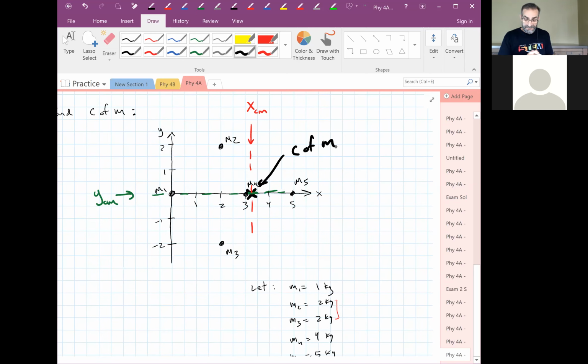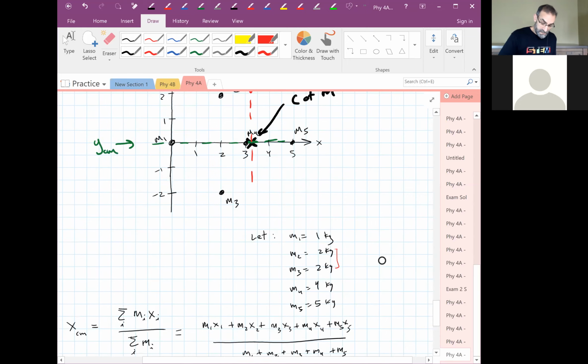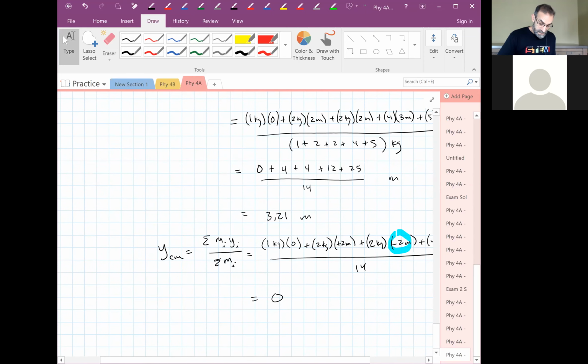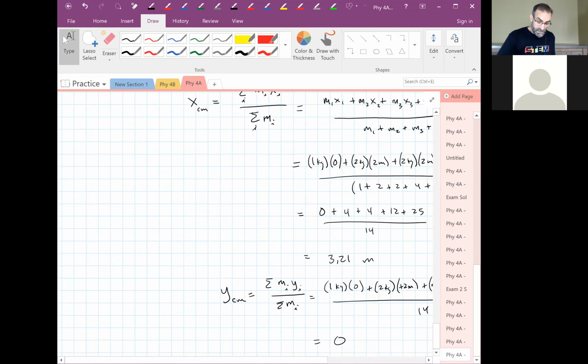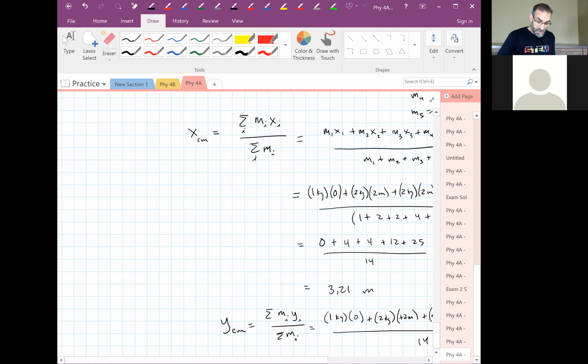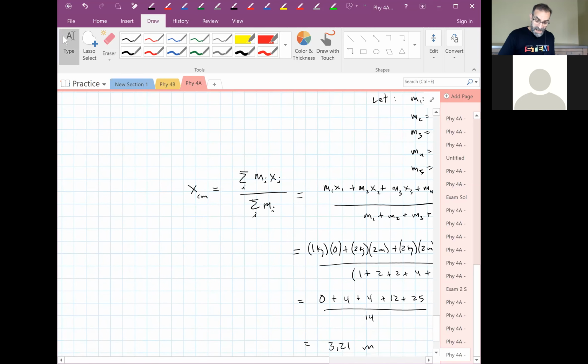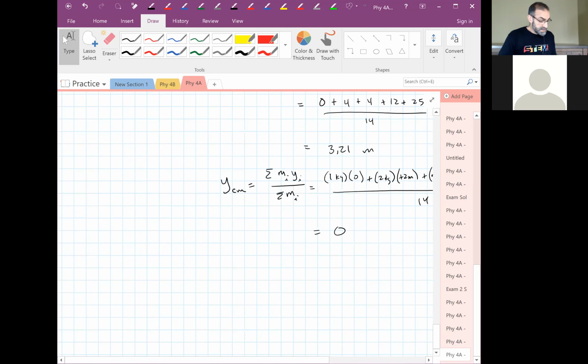Now this is for point objects. This is our equation for point objects. We don't always have point objects. Sometimes we have solid objects, right? How do we find the center of mass of a solid object?